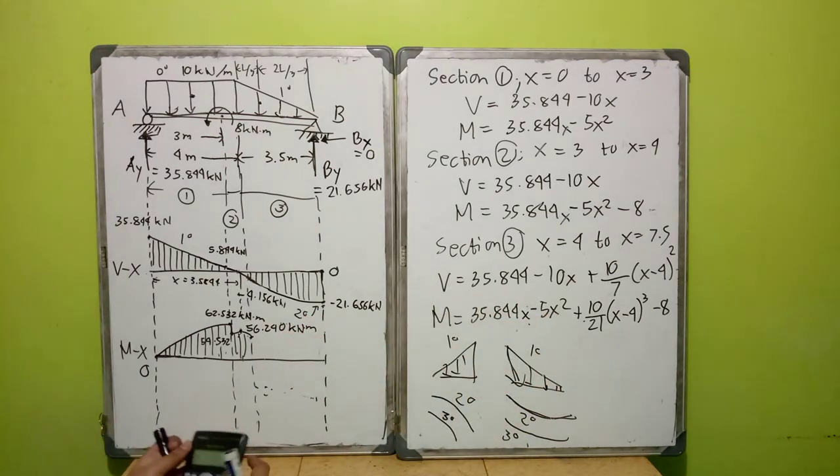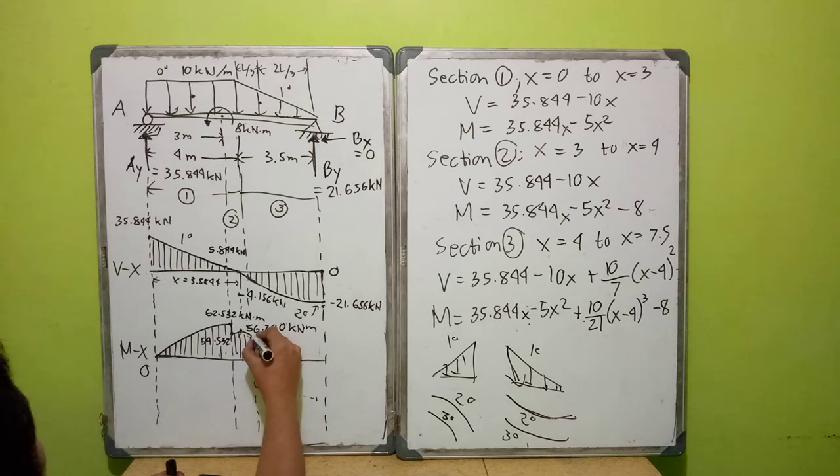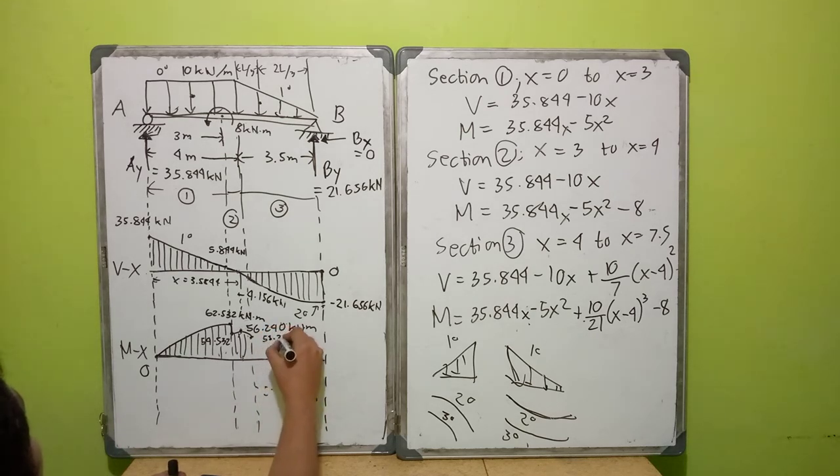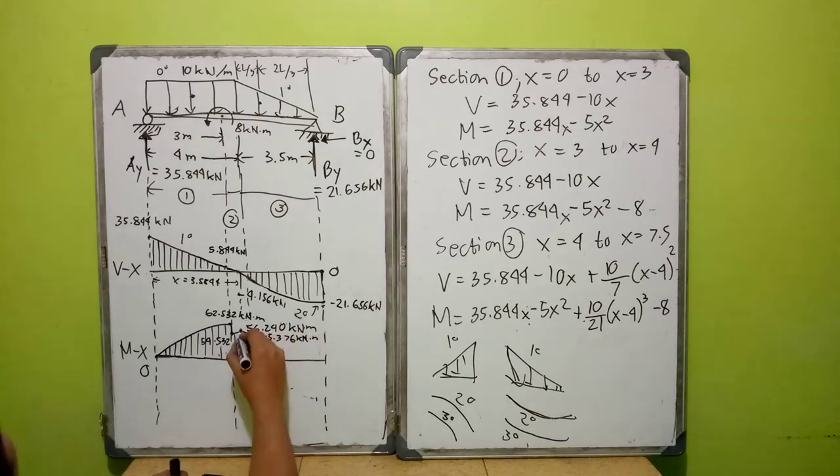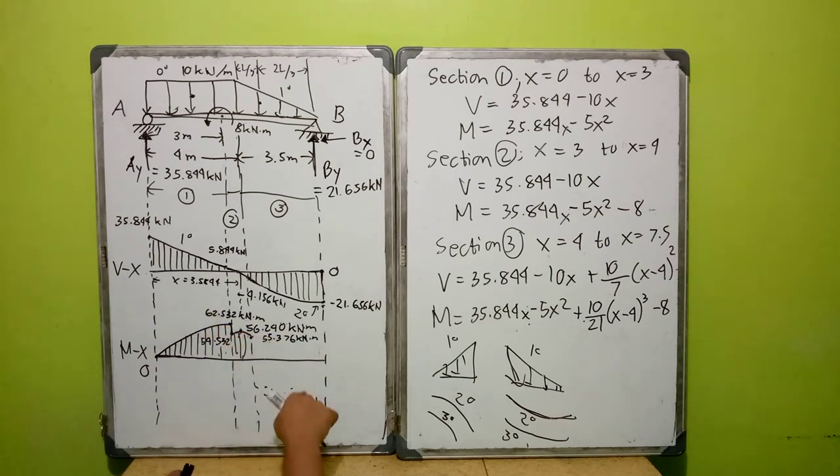At the end, what if x equals 4? 35.844 times 4 minus 5 times 4 squared minus 8. So 55.376 here, at this point. So it suddenly rises up and then goes down. And then we have negative 21.656.